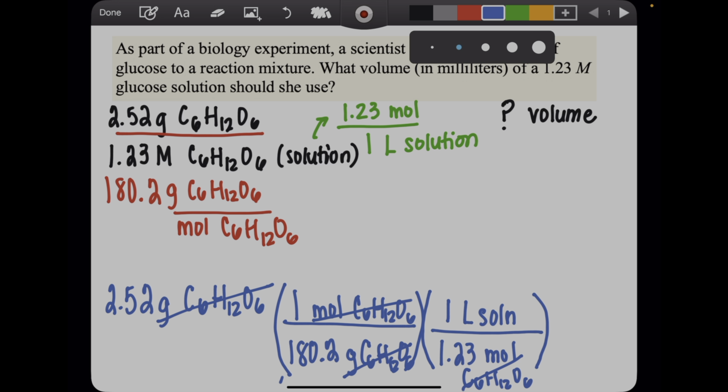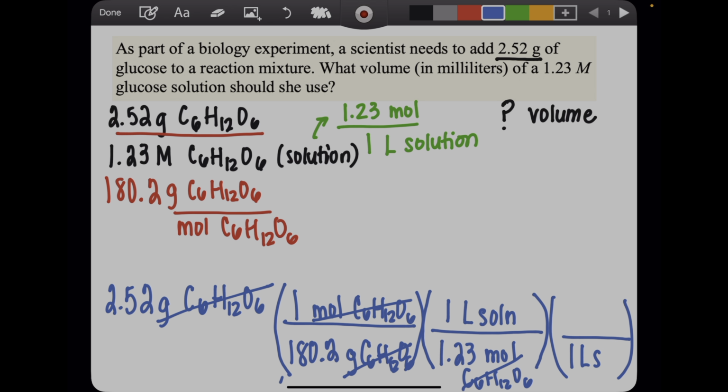So we need to add one more set of parentheses and do that conversion where we have per liter of solution, we have 1,000 milliliters, or 10 to the power of 3 milliliters of solution. And now we have the desired units at the end.